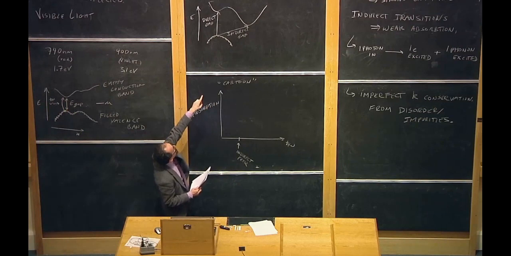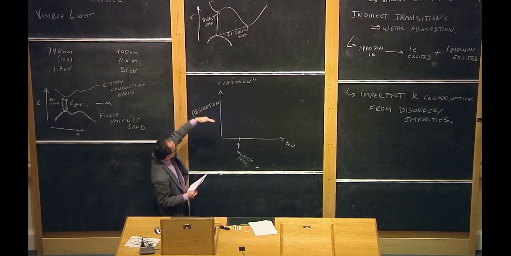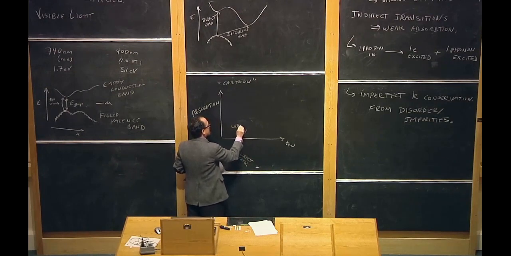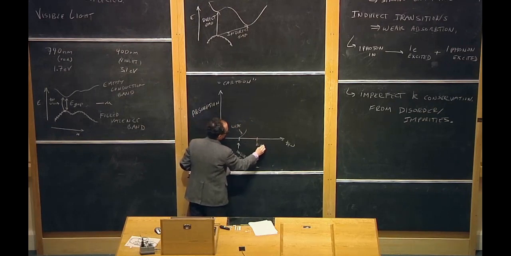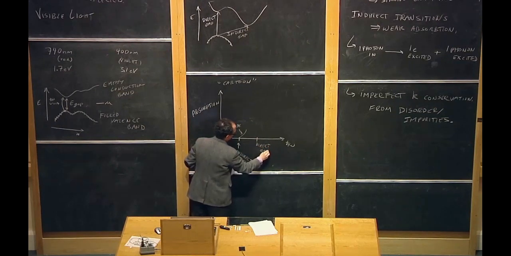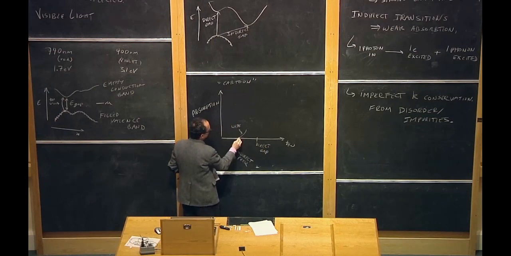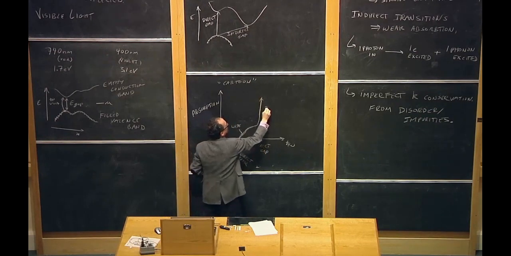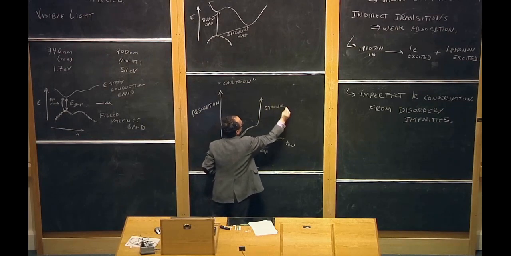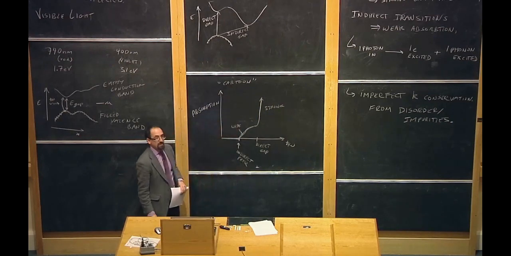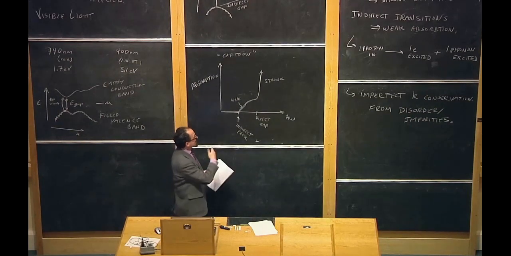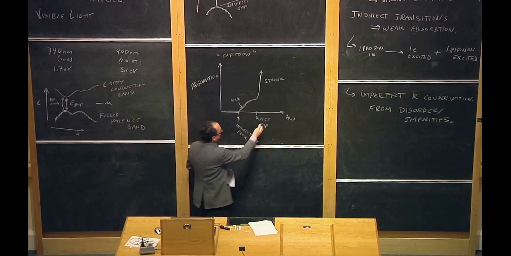But if the indirect gap frequency is lower, you'll get weak absorption at the indirect frequency. Below the indirect gap frequency, you get no absorption. Then when you get to the direct gap frequency, you get strong absorption above it. Okay? So this is sort of a cartoon of the absorption as a function of frequency when there's an indirect gap and a direct gap.